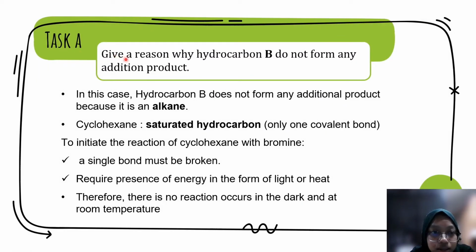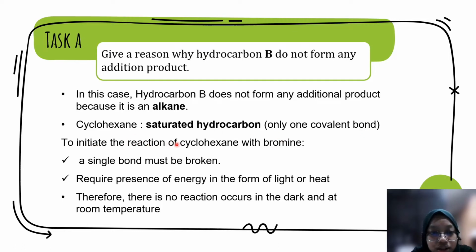We're still in task A, but with a different question. The question here asked me to give the reason why hydrocarbon B does not form any addition product. In this case, my hydrocarbon B is cyclohexene. It is a saturated hydrocarbon, because it only has single covalent bonds. There is no double bond.